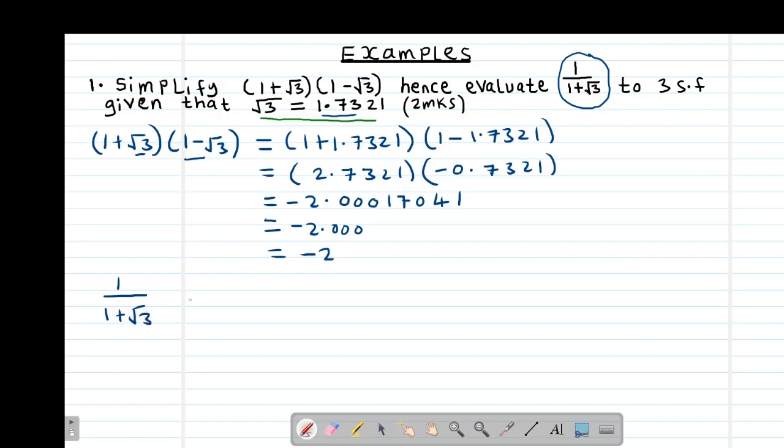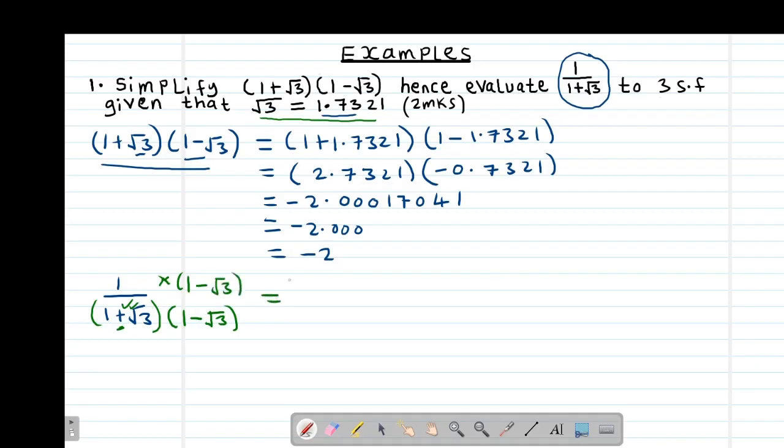Because it is addition, the conjugate will be minus, so the conjugate will be 1 minus the root of 3. Then we also multiply the conjugate on the numerator, which is 1 minus the root of 3.